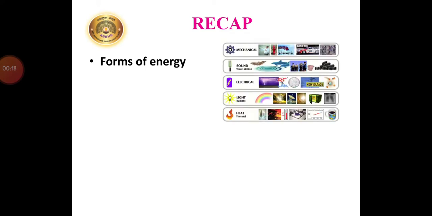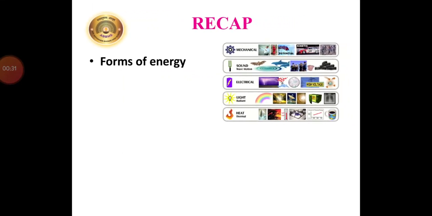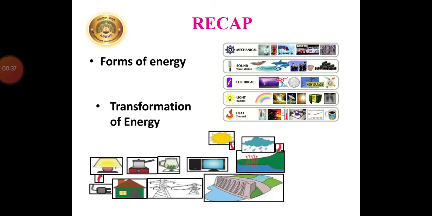Let's take a quick recap. In the previous video, we have learned about forms of energy. Observe this picture. We have learned about mechanical energy, sound energy, electrical energy, light energy, heat energy, and kinetic energy. And we have also learned about transformation of energy.